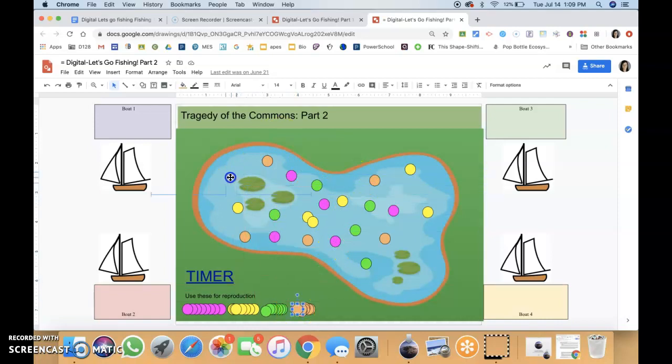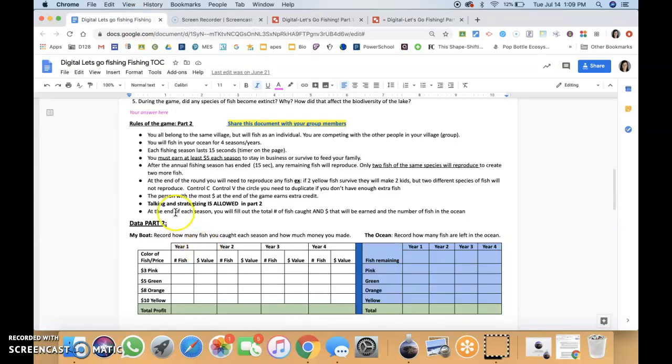So we would drag 2 new fish into the ocean. Okay? So at the end of every season, you need to make sure that the fish in the ocean reproduce if there are 2 of the same color.